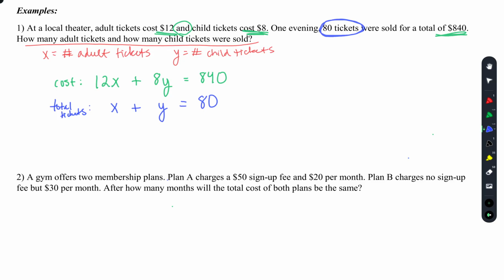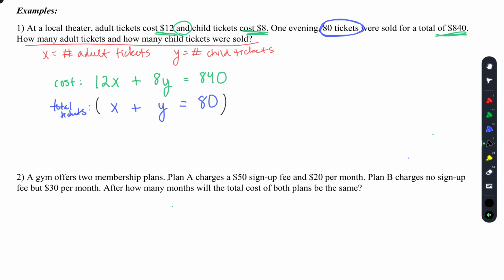So there's always a cost equation and a total number of tickets equation, and then now you get to solve however you want. I personally am an elimination fan. You could do substitution, it's not that hard. But if I'm going to do elimination, that's what we did on Friday.